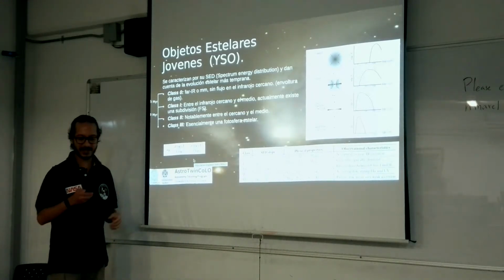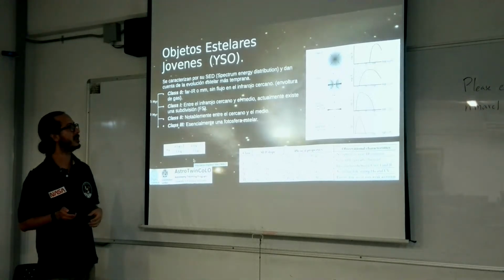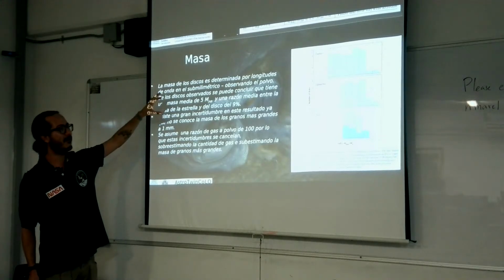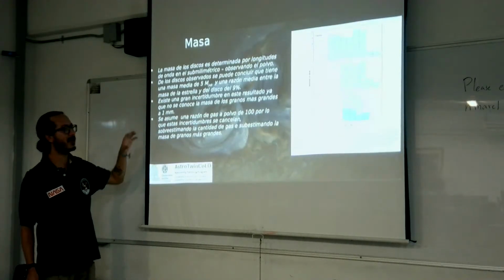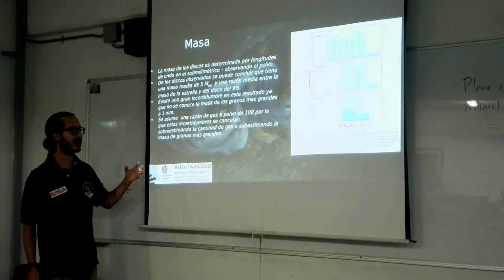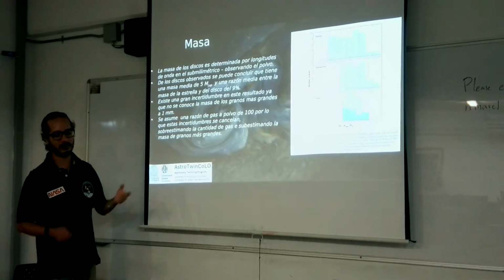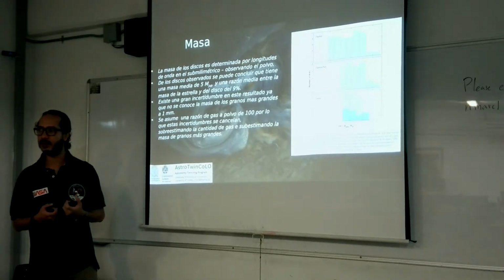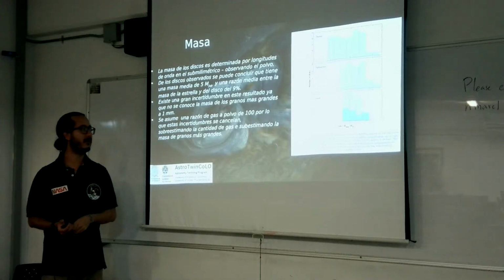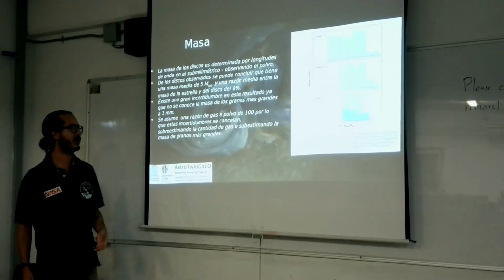But with the recent results and new measures, the mass of the dust in some protoplanetary disks is not enough to represent the actual population of protoplanetary systems that we found in our observations.